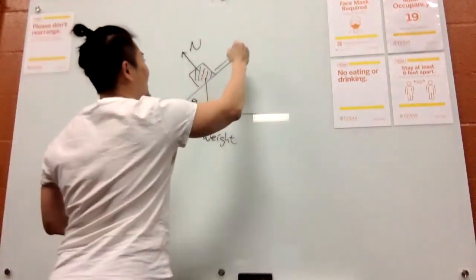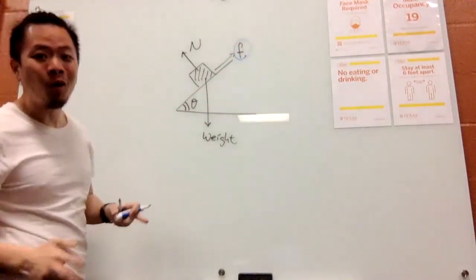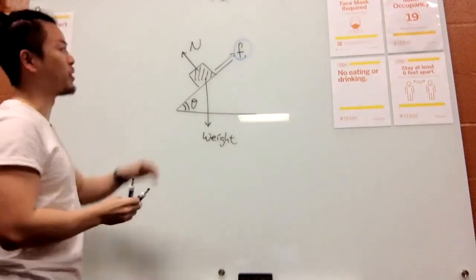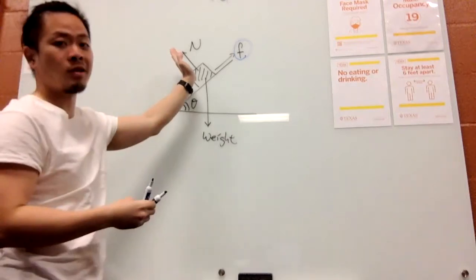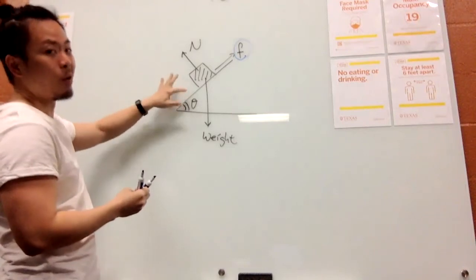So we want all the forces to be in the direction which is either parallel to friction or perpendicular to friction. So think about the normal force: it is in the direction that we want.